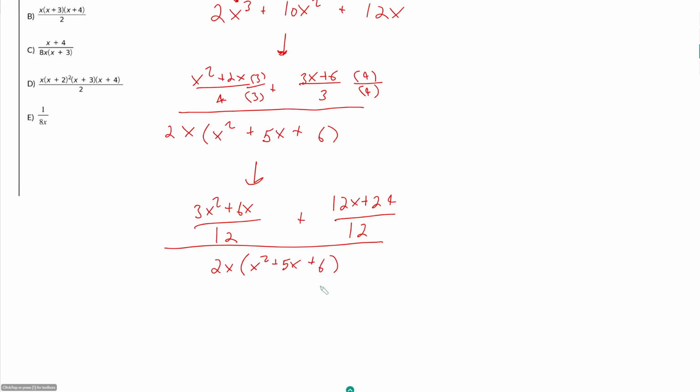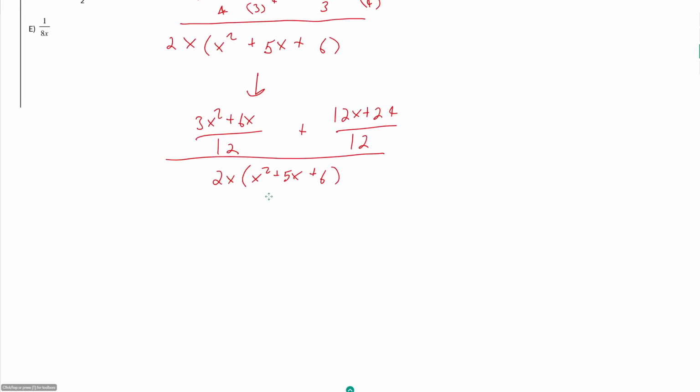So now we can just combine our two fractions in our numerator. So 3x squared plus 6x plus 12x plus 24. 6x plus 12x is just 18x. So this is 3x squared plus 18x plus 24, all over 12, all over 2x times (x squared plus 5x plus 6).